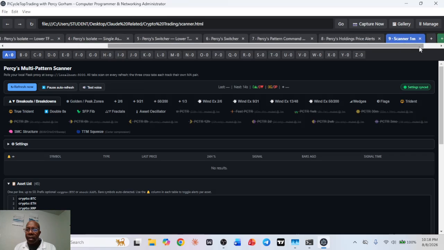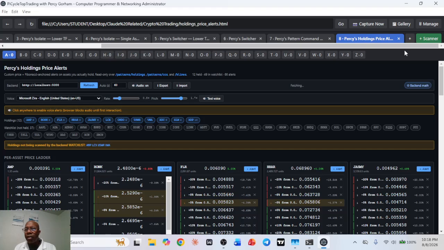Let's show you this right here. All right, this is a nice application because we can blanket upward or downward movement of the 45 assets that we are looking at. Okay, and that is really nice because we also get a verbal alert.